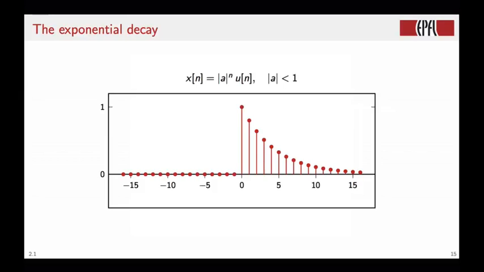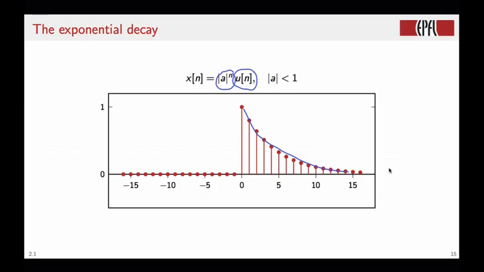The third signal that is very typical is a so-called exponential decay sequence. So it's a combination of two things. Okay, it has a unit step, so the signal is 0 before the origin, and then it is positive. And at that point, we apply an exponential with a root a that is smaller than 1, taken to the nth power, and so it nicely comes down as an exponential.